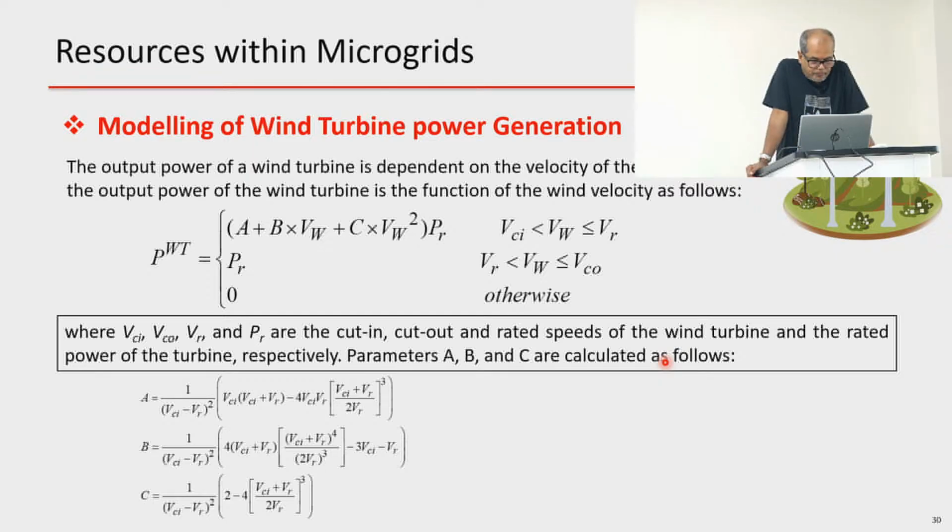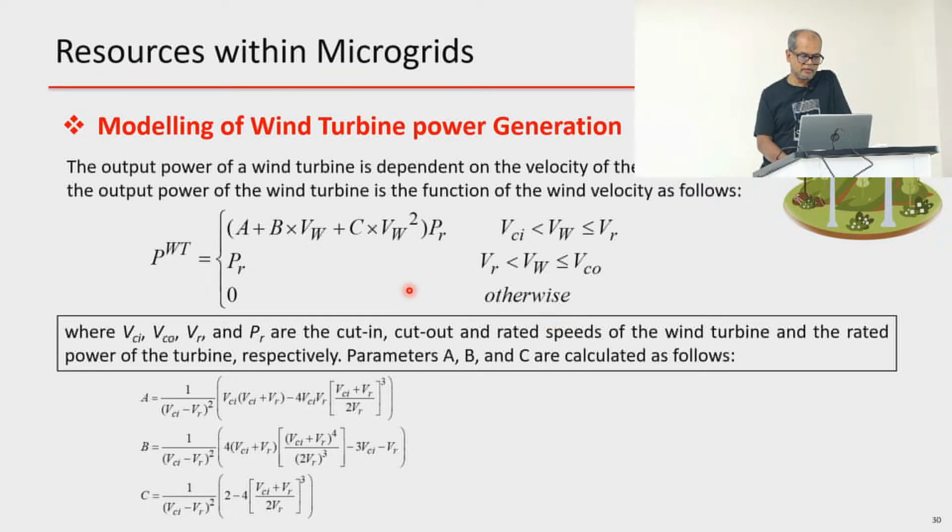Now for wind turbine, again, there is another lecture on wind power hydrogen system. For wind turbine, the output power depends on the velocity of the wind, and I'm going to talk about this in the next lecture, but there is a relation between the cut in, cut out, and rated speed.